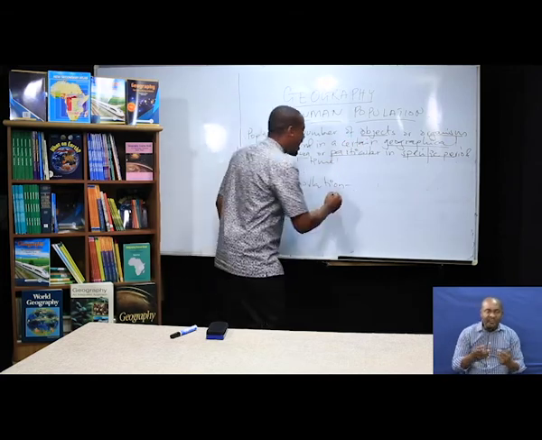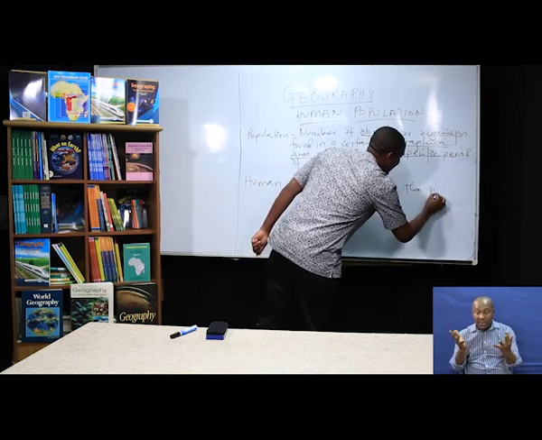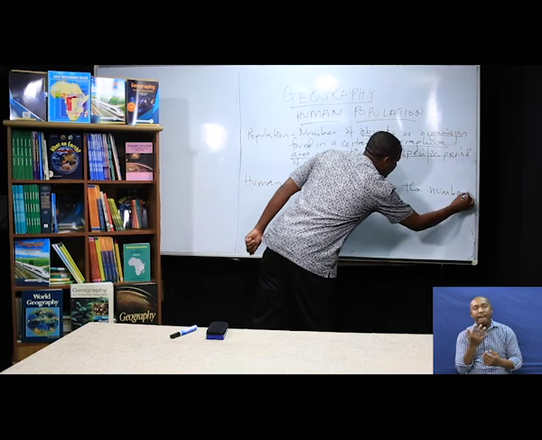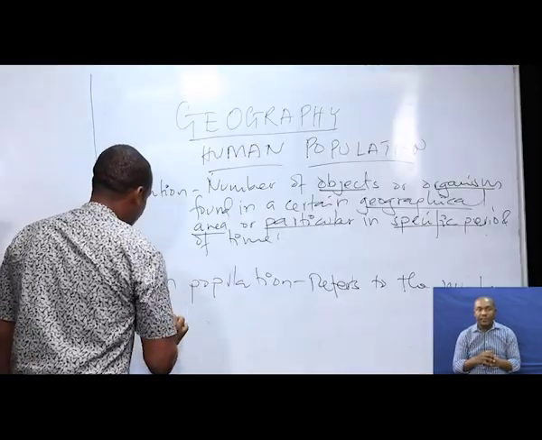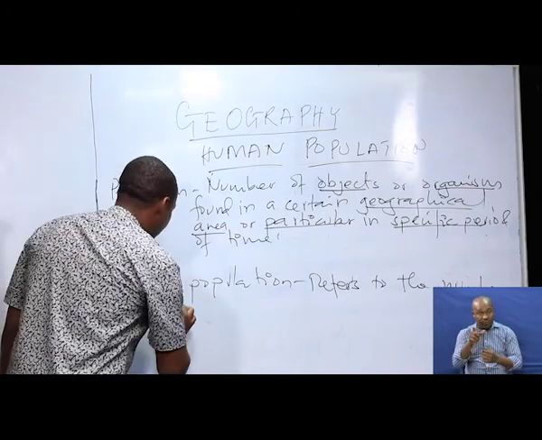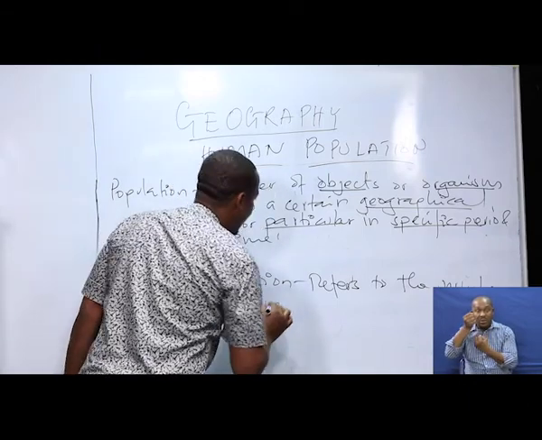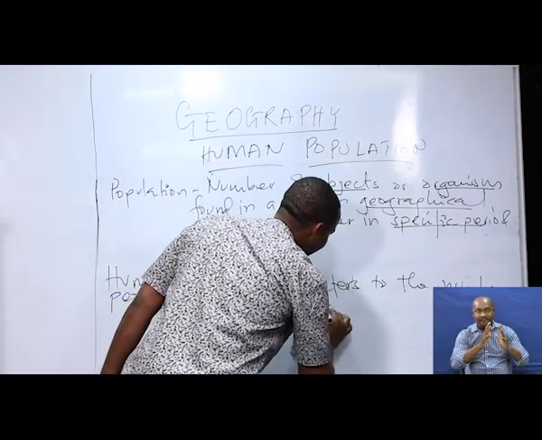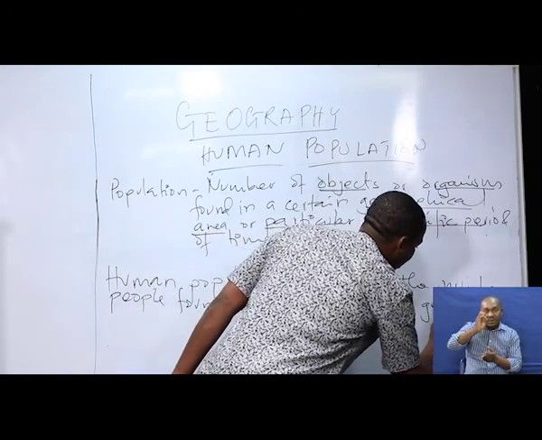So it refers to the number of people. It can be the number of people found or living in a certain geographical area.